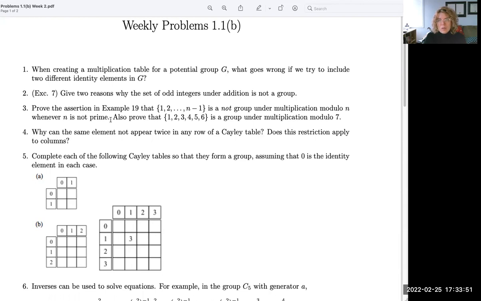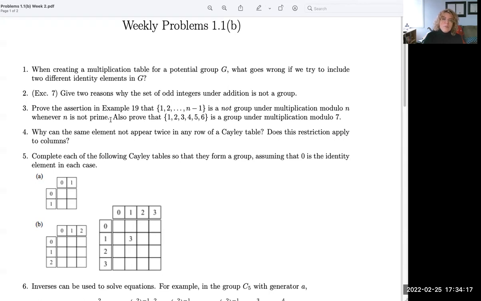Don't just describe it vaguely, like saying this property fails. Give some sort of an equation that shows that it fails. Say n is prime, so this holds, therefore, and then end your statement contradicting one of the properties of a group.